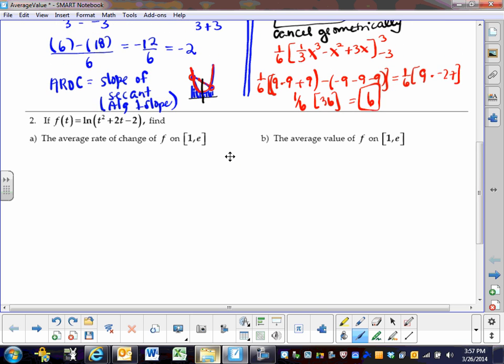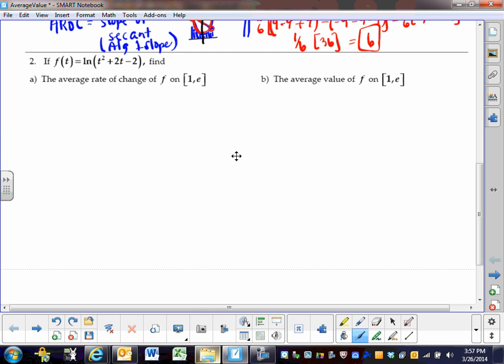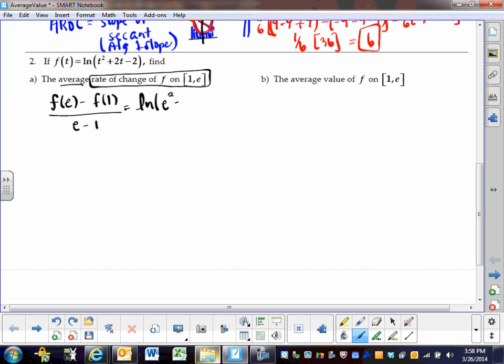Okay. For number 2, we're looking for the average rate of change of f on an interval, which is always written as f of e minus f of 1 over e minus 1. So that would be the natural log of e squared plus 2e minus 2 minus the natural log of 1 plus 2 minus 2, all over e minus 1.